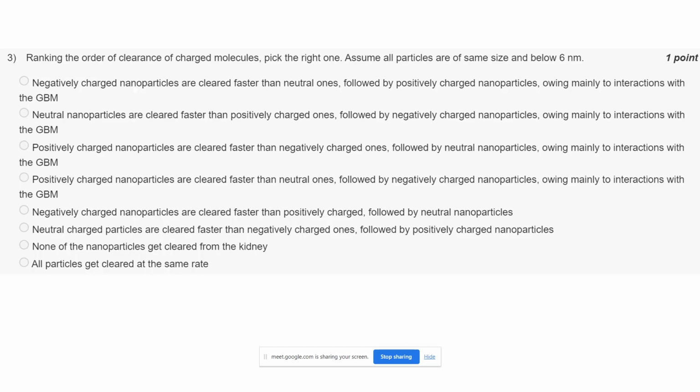Ma'am, option C. Okay, positively charged nanoparticles are cleared faster than negatively charged ones, followed by neutral nanoparticles, owing mainly to interactions with GBM. Okay. Option D, ma'am. Positively charged nanoparticles are cleared faster than neutral ones, followed by negatively charged. Okay, anyone else would like to answer? Option 4. Positively charged, followed by neutral ones, followed by negatively charged.